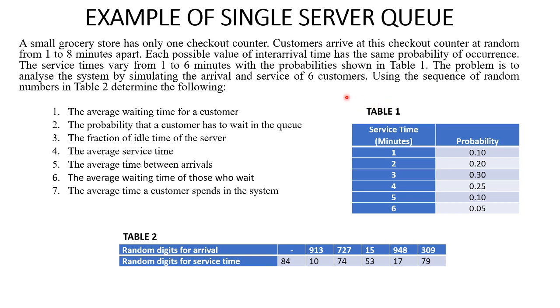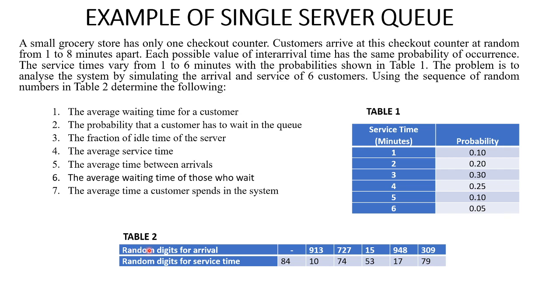determine the following. So we have table 1 here, which gives us the probability distribution of the service time. And then the random numbers have been given to us, the range of random numbers.